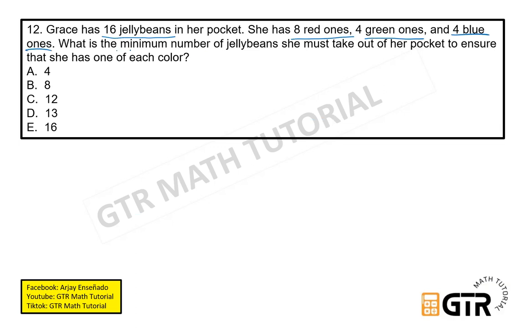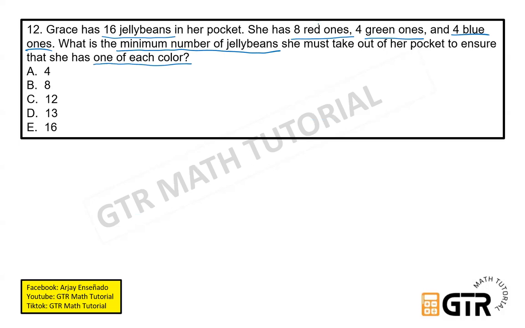So ang hinahanap natin, minimum number of jelly beans she must take out of her pocket to ensure that she has one of each color. Para magkaroon siya ng tigi-tigisa, ang gagawin lang natin dito, i-add natin yung dalawang pinakamarami.